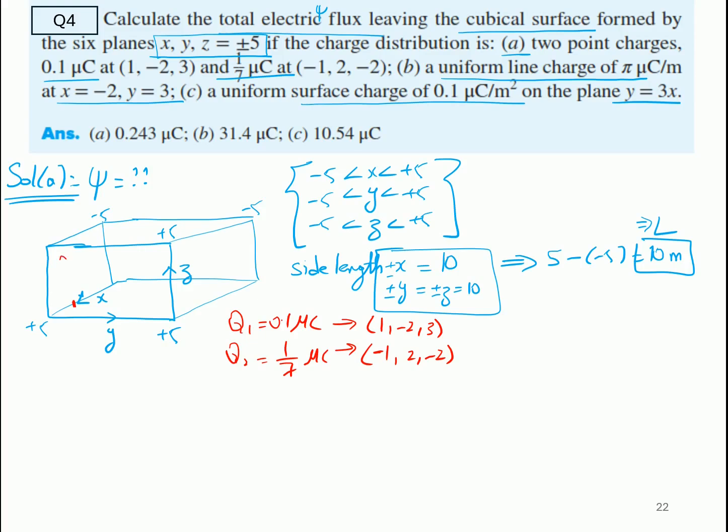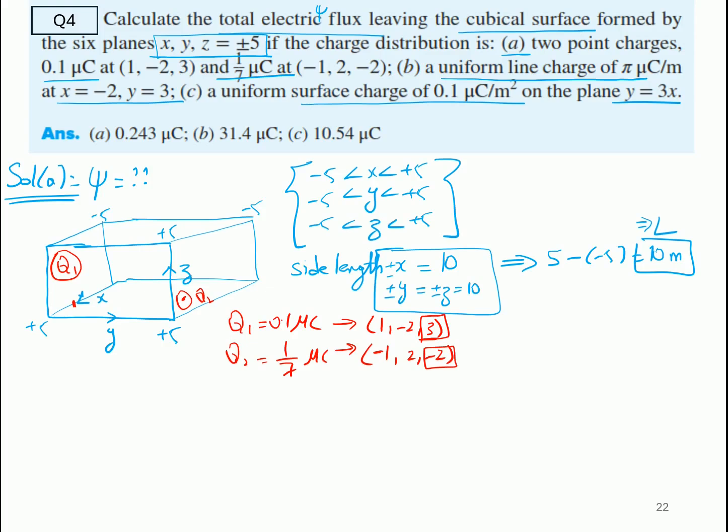So Q1 is somewhere over here and it is lying inside the cube because it is not crossing the value of plus minus 5. Its values are plus minus 3. Similarly for the second one, it is going to be minus 1, 2, minus 3, somewhere over here. So both the charges are lying inside the cube.